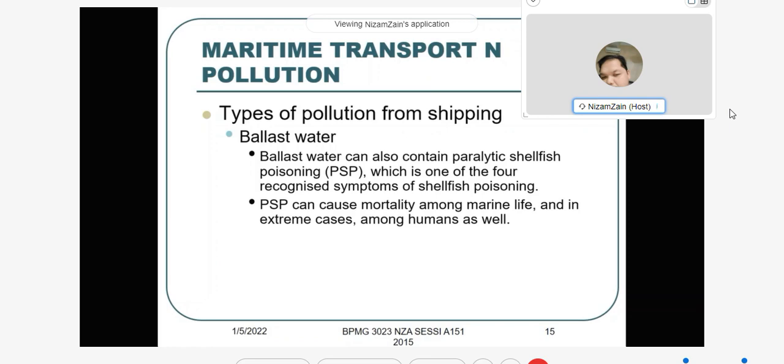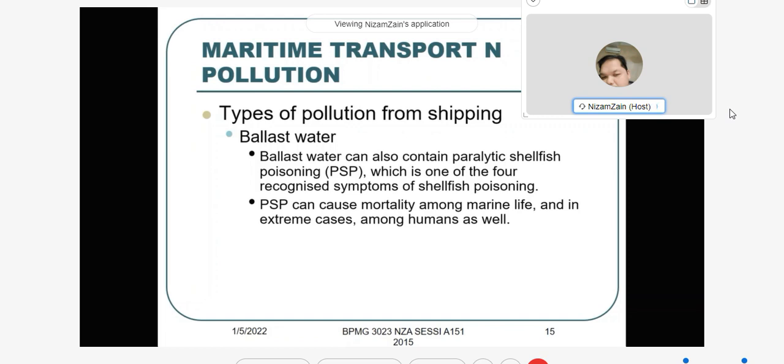It depends where you get your shellfish, where you source it. If they source it from fresh seawater that is being controlled and monitored, then it's fine. But if it's from open seawater full of contamination, then you are in trouble. So PSP can cause mortality among marine life, and in extreme cases among humans as well.